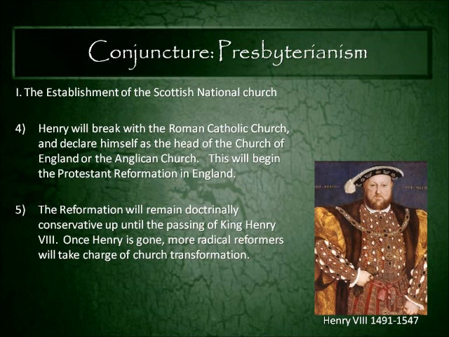And instead of having the Pope in Rome as the head of the Church of England, as it used to be, Henry will declare himself as the head of the English Church, or the Anglican Church. Now, this will begin the Protestant Reformation in England. And subsequently, these Protestant ideas will start to reach Scotland, which is where we ultimately are looking in that direction.